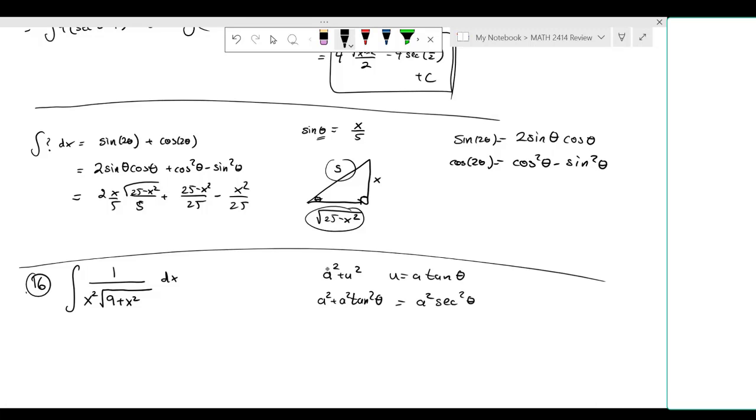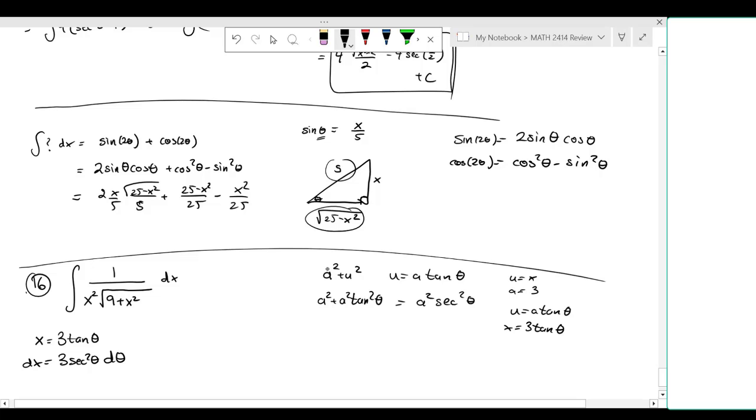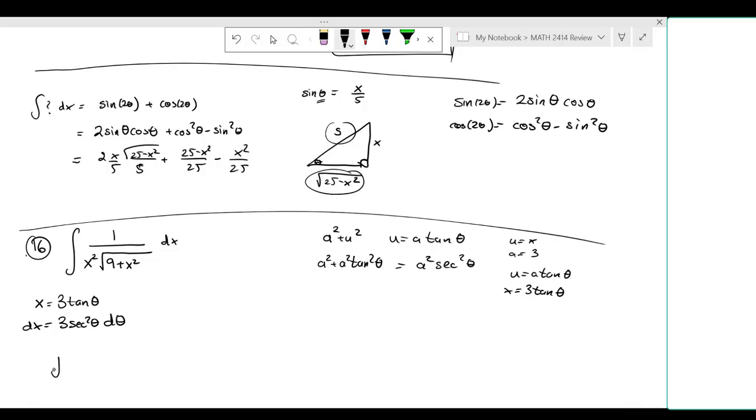So here u is x, right? And a happens to be 3. So you get x equals 3 tangent theta. Plug and play there, direct substitution.